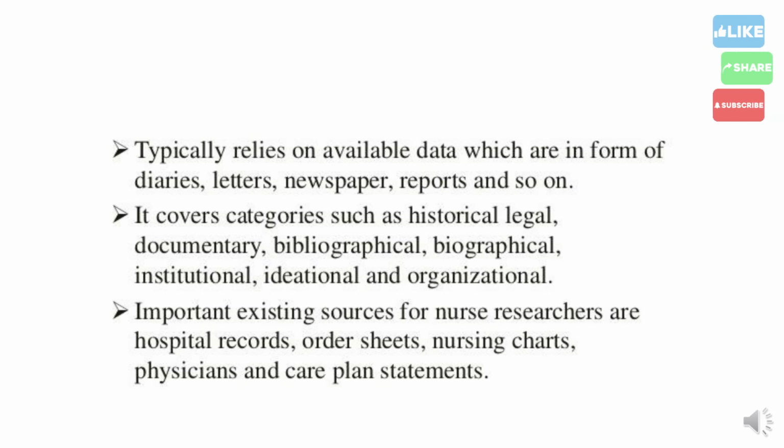Because historical research involves the systematic study of past events, people, and culture to gain a deeper understanding of historical phenomena. It aims to reconstruct and interpret the past, often using primary sources such as documents, images, and artifacts.